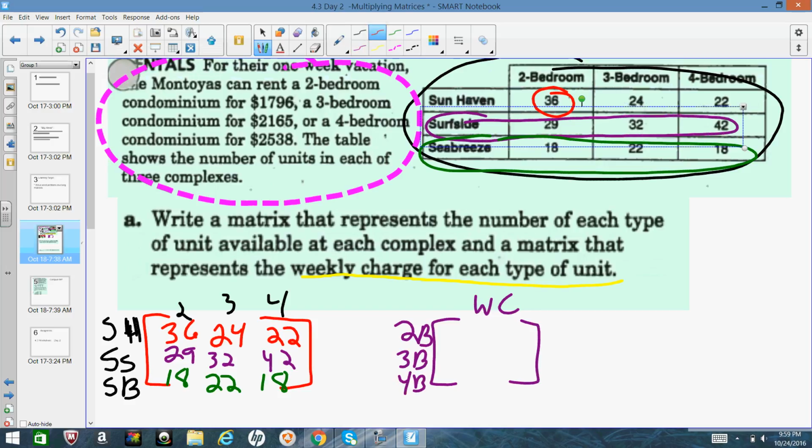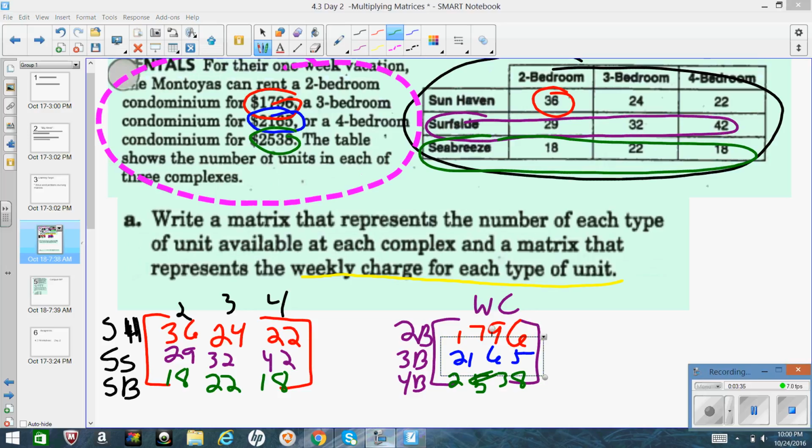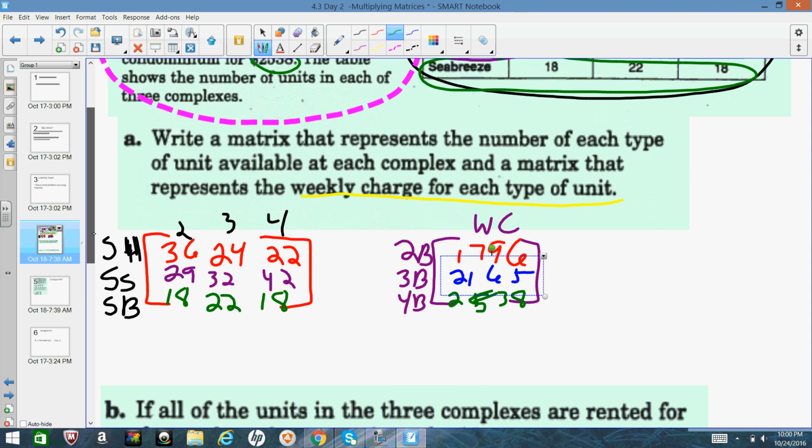So if I read, I have a 2-bedroom is $17.96. A 3-bedroom is $21.65. And a 4-bedroom is going to be $25.38. So again, there are my 2 matrices. One for the availability, the other one for the weekly charge. So that is part A.